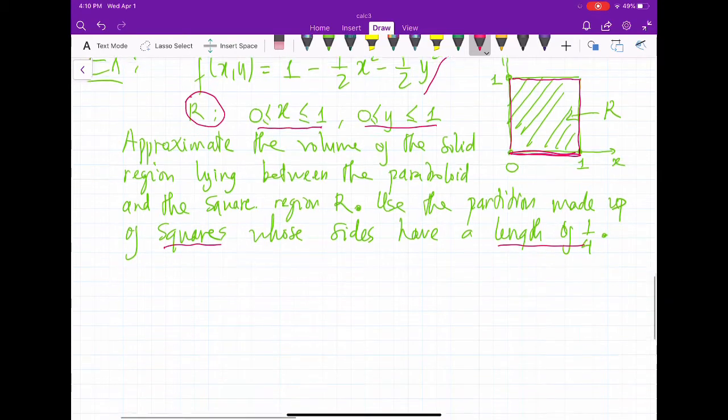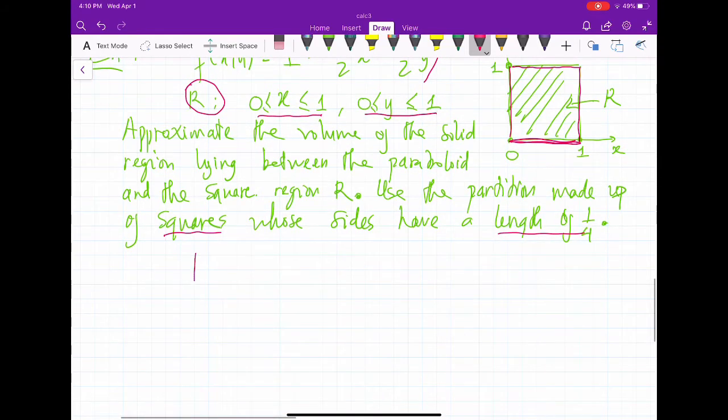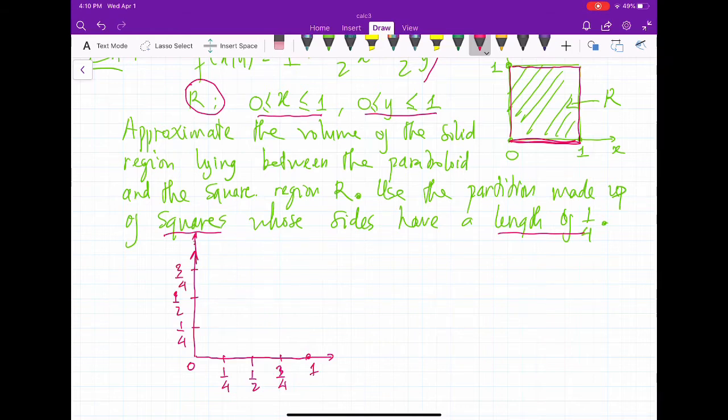The partition looks like this. Here's R. That is 1, that is 1/2, that is 0, that is 1/4, that is 3/4, and so on, up to 1 right here.